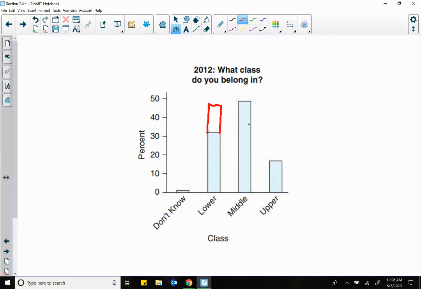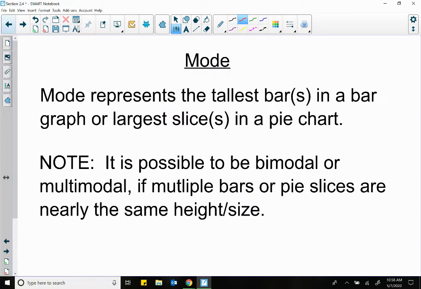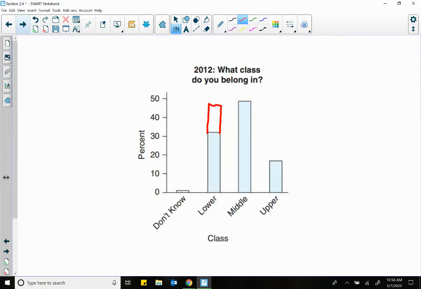All right. So this is where I was talking about right here. If there are multiple bars that are nearly the same height, okay, if they're the same height, great, but they don't have to be. So since these two bars right here are now nearly the same height, you could say that you're bimodal. And then of course, multimodal again means that maybe you have multiple bars that are the same height.